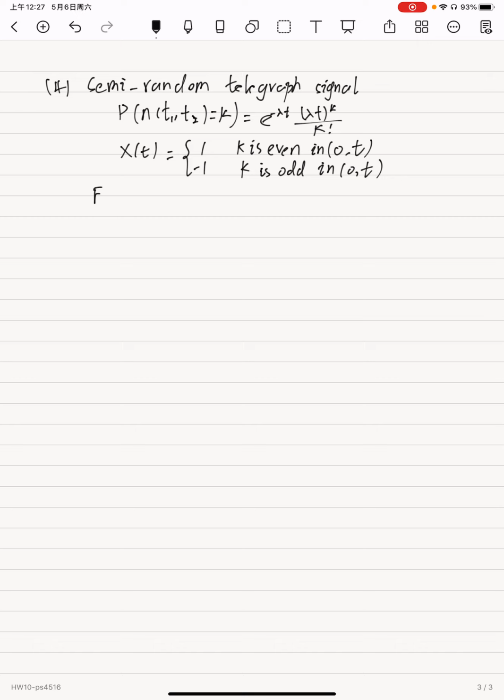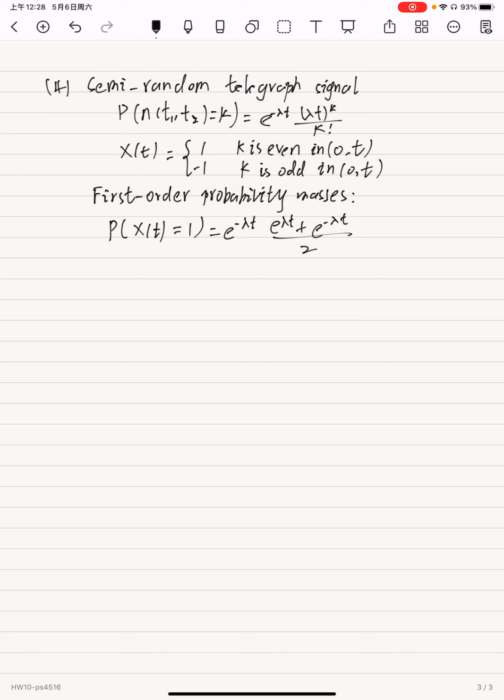And the first order probability mass is P(X(t) equals 1) equals e to the negative lambda t times (e to the lambda t plus e to the negative lambda t) divided by 2.